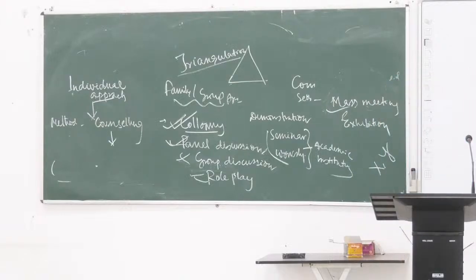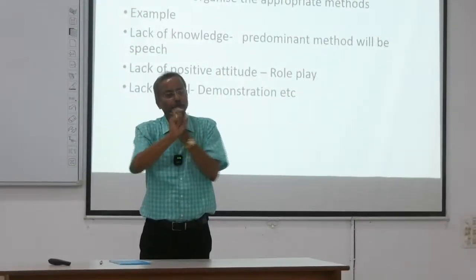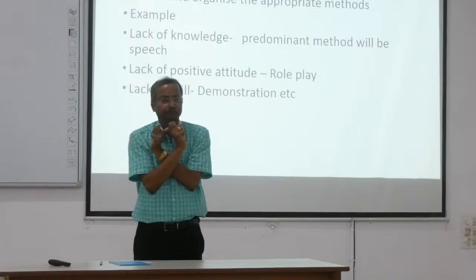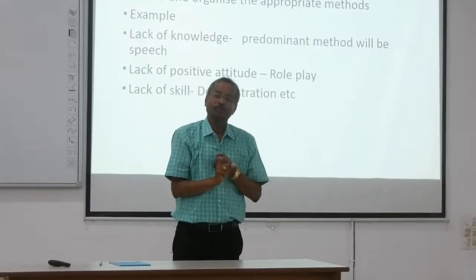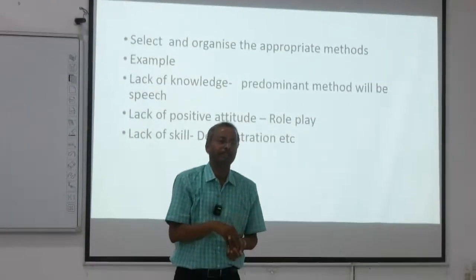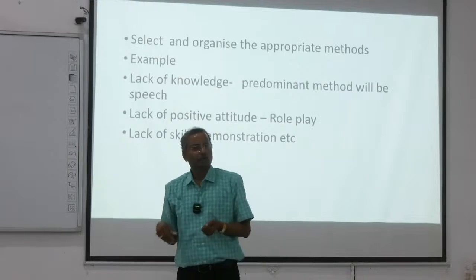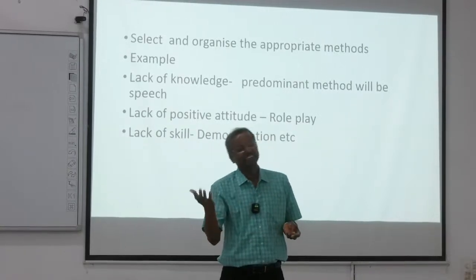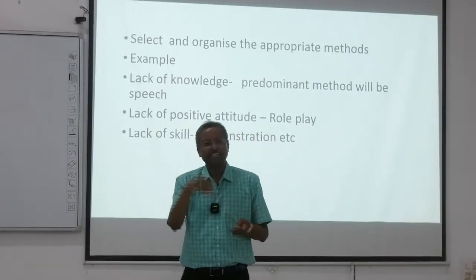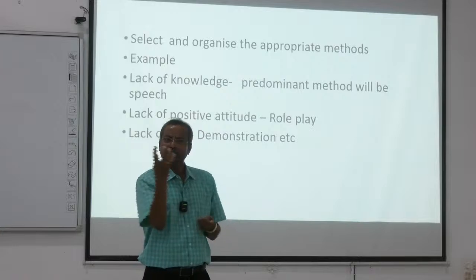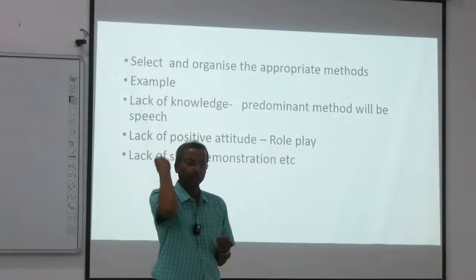One is records from the particular sub-center, because that community X or Y belongs to a particular sub-center. Then the frontline workers who are there: ASHA will be there, Anganwadi worker will be there, ANM will be there. Take their opinion.